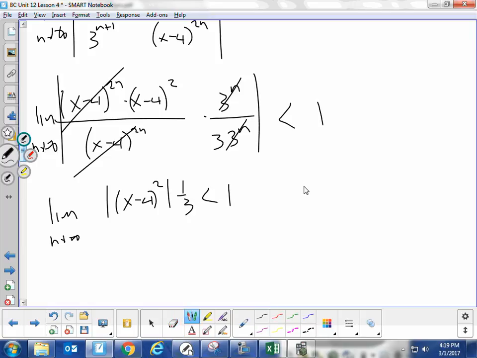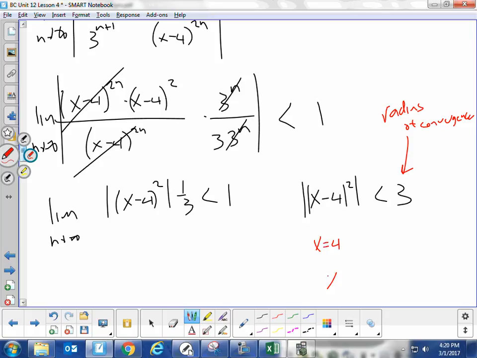And I get that the absolute value of x minus 4 squared has to be less than 3. Immediately, I find my radius of convergence. And I know that I'm going to center this radius of convergence around 4.